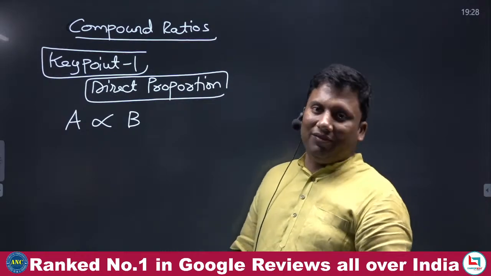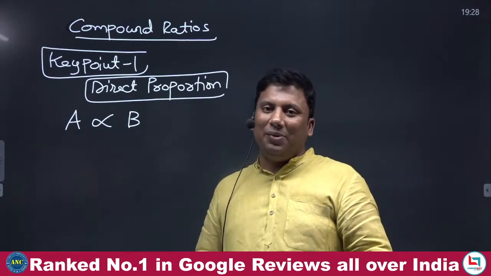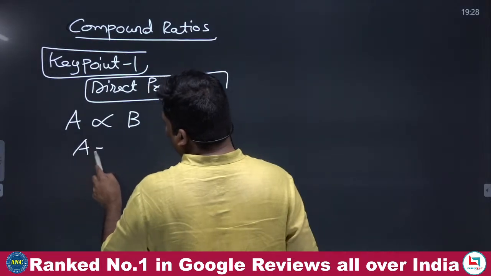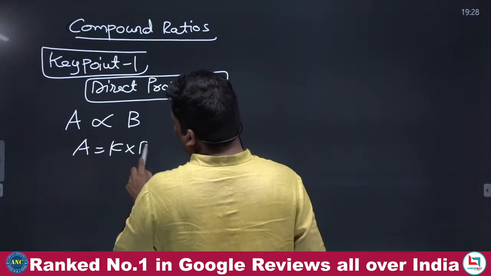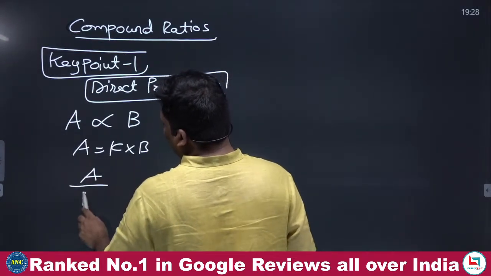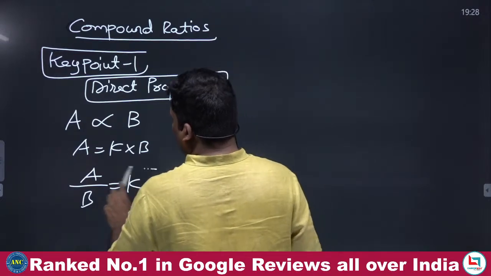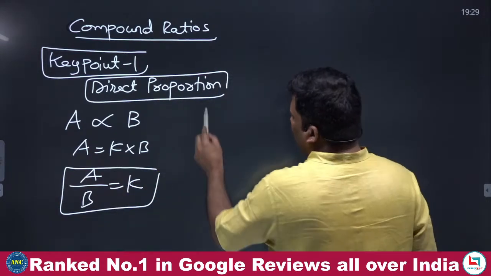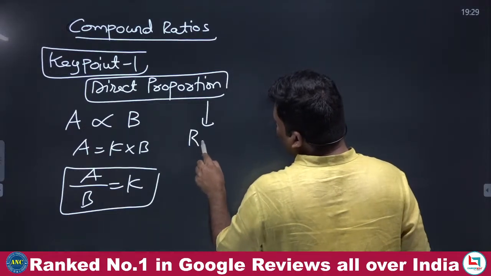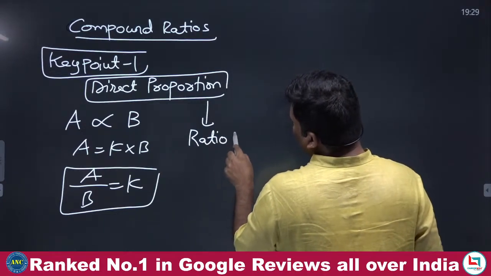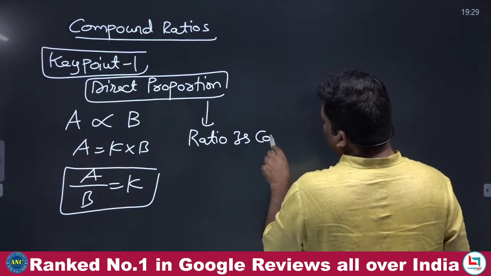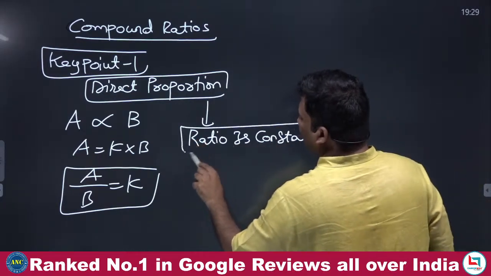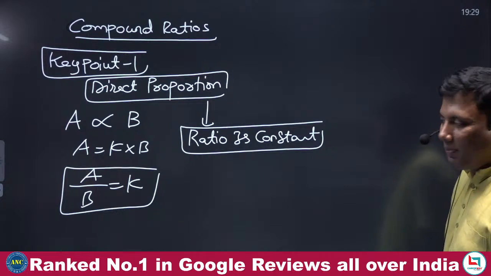If A is triple, B will be triple. If A becomes half, B also will become half. In proportionality, if I write A equal to K into B, that means A by B is equivalent to K. In direct proportion, what is constant? Ratio is constant. Key point 1.